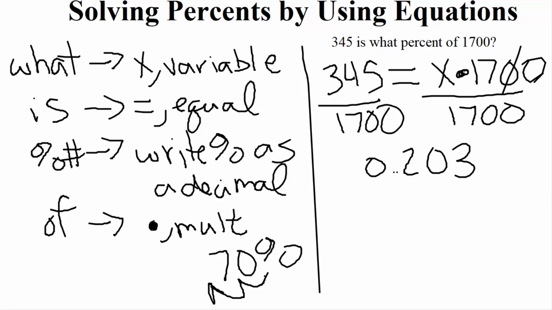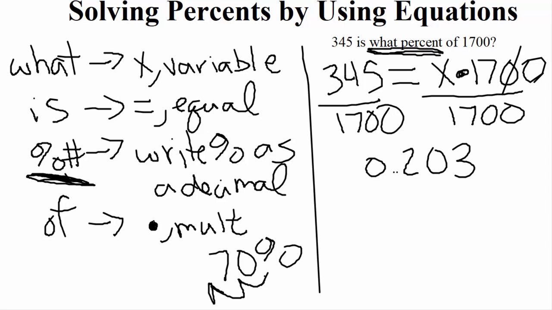Now, the only thing that we do need to remember here is whenever we are solving percents by using equations is this. Think about the fact over here, if we had a percent, we would have had to change that to a decimal. Well, here we got a decimal as our answer, and we need to change it to a percent because it's asking us to find a percent, not a decimal.